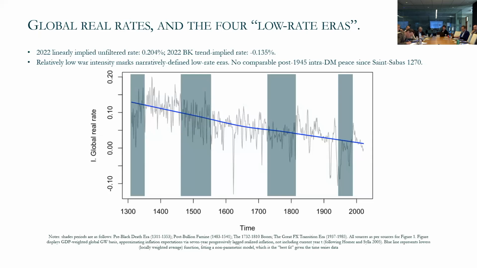So we can trace it back to an event, the War of Saint Sabas in 1270, with good sources and frequencies. So the observation is we never had a longer period of peace among advanced economies than at least since the year 1270. We haven't conducted rigorous causal identifications here, but it's something that jumps at you when you look at the historical literature and the events.